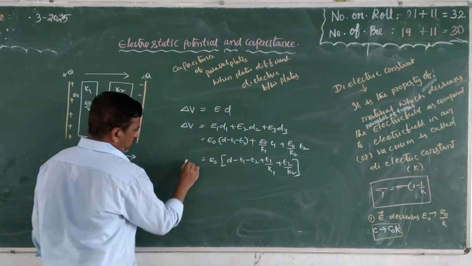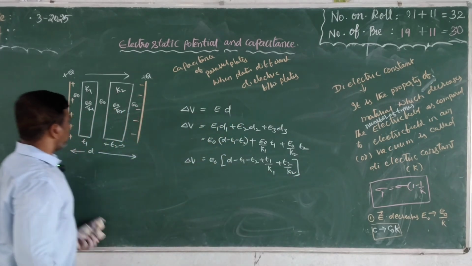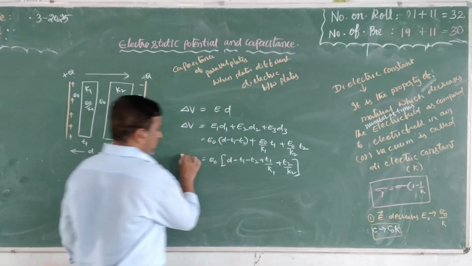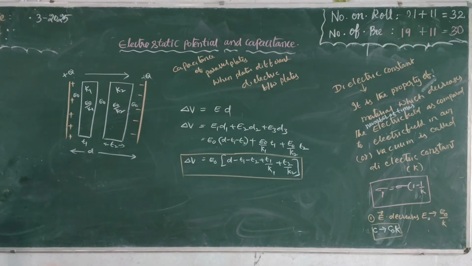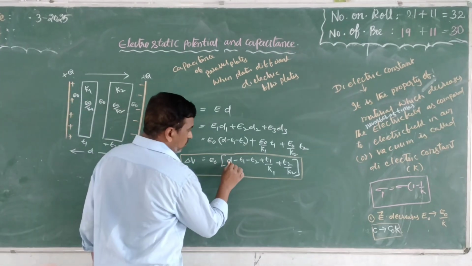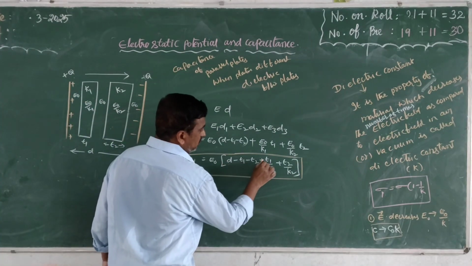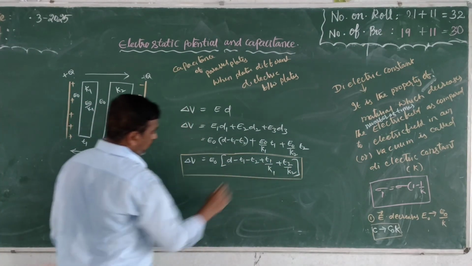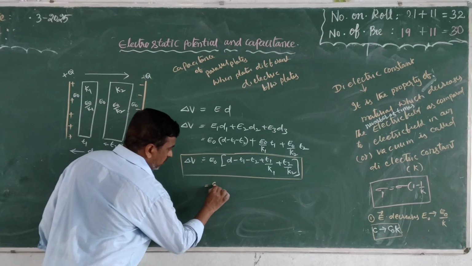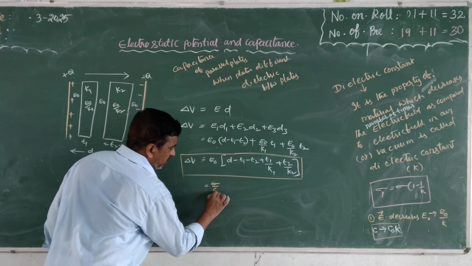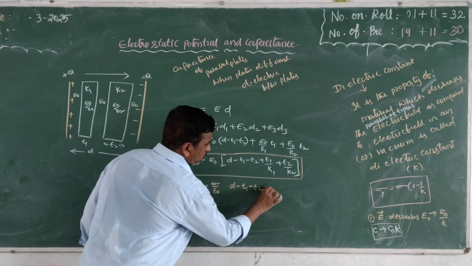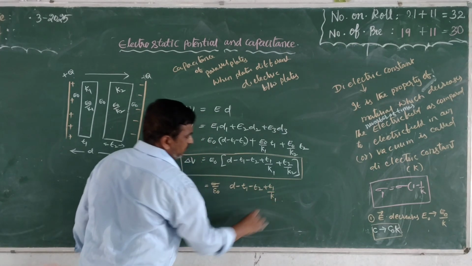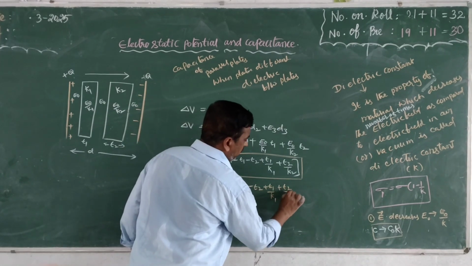It is the change in potential between the parallel plates when two dielectrics are placed between the plates. This E naught is sigma by epsilon naught, so sigma by epsilon naught into D minus T1 minus T2 plus T1 by K1 plus T2 by K2.